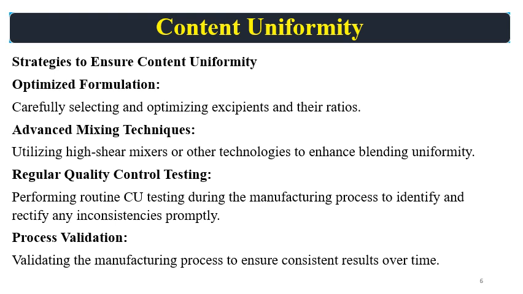Regular quality control testing, performing routine CU testing during manufacturing process to identify the process problems and inconsistencies. Process validation is a must, and validating the manufacturing process is required to ensure consistent results over time. Proper blending time to be done, proper blender RPM to be selected, occupancies to be evaluated.